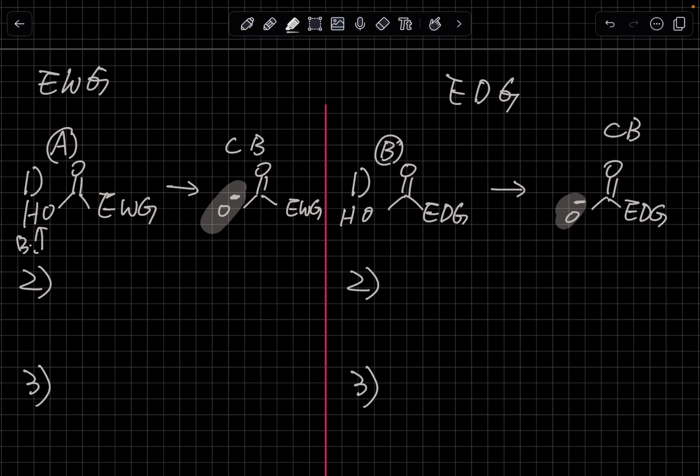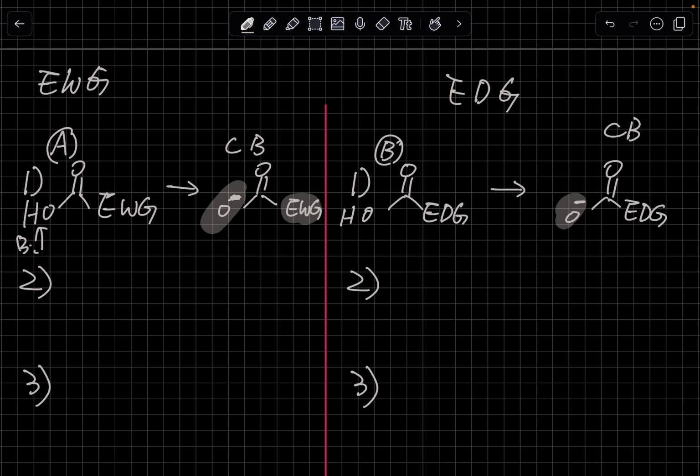Okay, so of course it is the electron withdrawing group that does a better job at stabilizing this conjugate base, right? Because oxygen is already negative. It's not a partial negative, it's a full charge, right?